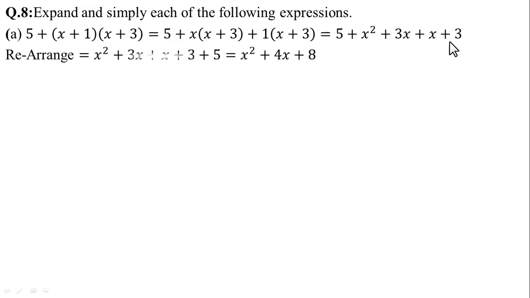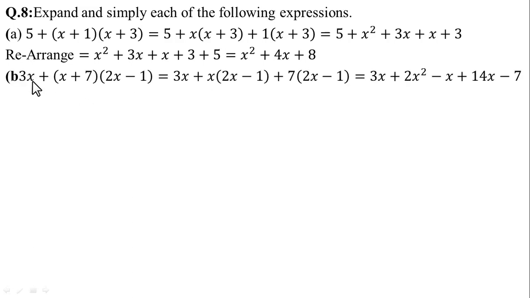Now we rearrange the values: x square + 3x + x + 3 + 5, which is x square, 3 plus 1 is 4x, plus 5 plus 3 is 8. So the final answer of A part is x square + 4x + 8.